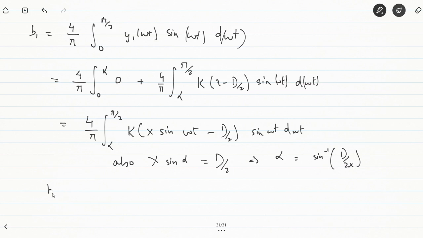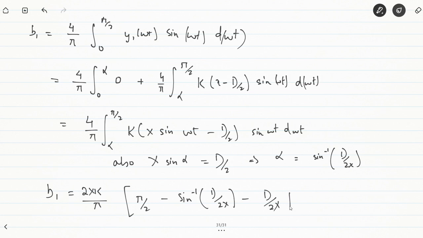So b1 will be equal to 2Xk divided by pi, times the bracket pi by 2 minus sine inverse of d by 2X, minus d by 2X times the square root of 1 minus (d by 2X) square.